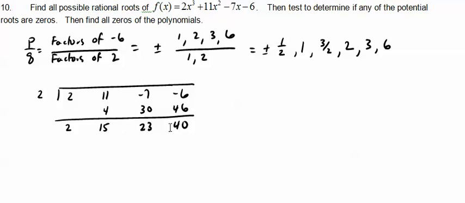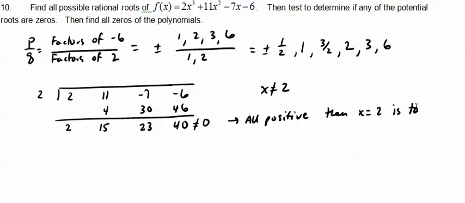Okay, I know that x can't equal 2, right? Because the remainder is not equal to 0. So x cannot equal 2. I also know, since everything in this final row is positive, that x = 2 is too big.